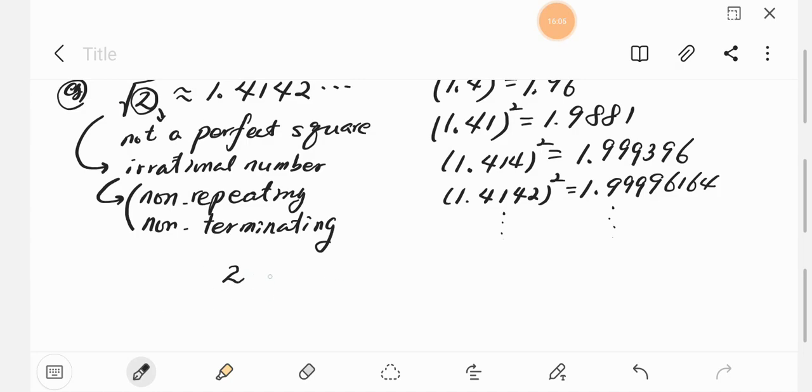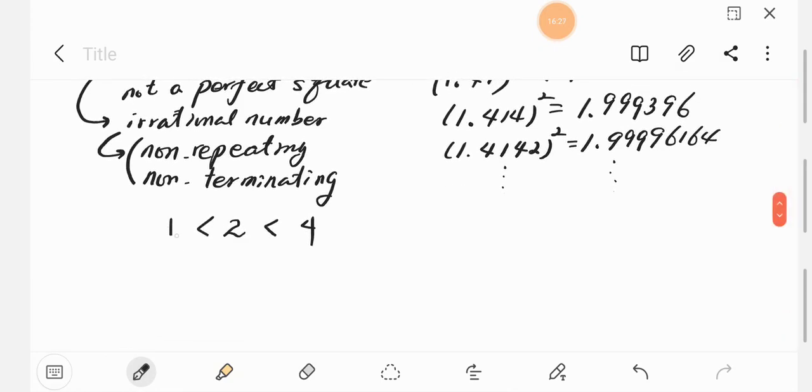What is the next perfect square to this number 2? Isn't it 4, right? So 4 is the closest one. How about 1? 1 is a perfect square that is less than this number, right?